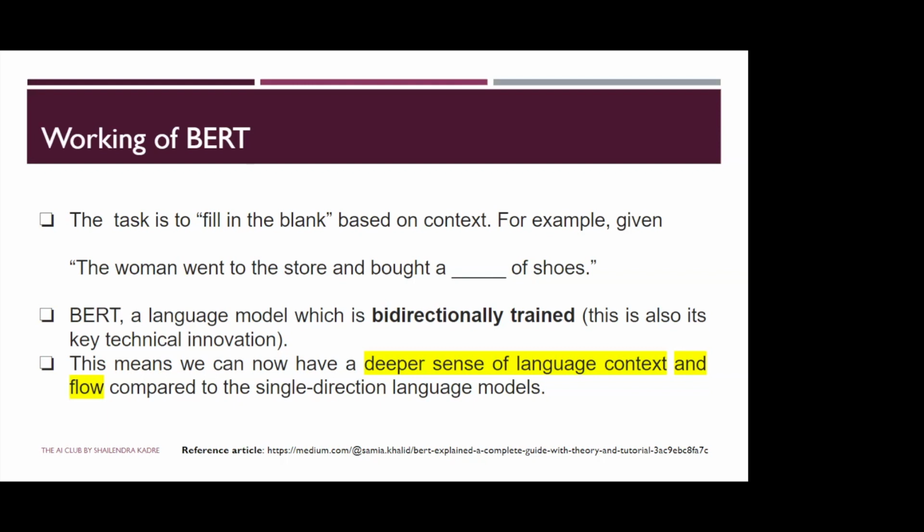BERT actually does both these steps simultaneously, from left to right and right to left, to process the word sequences. That gets into a deeper sense of language context and the flow, and the performance is obviously better than single directional language models.